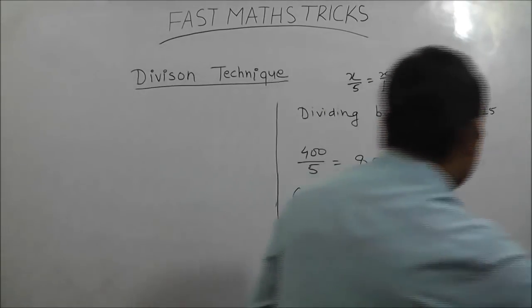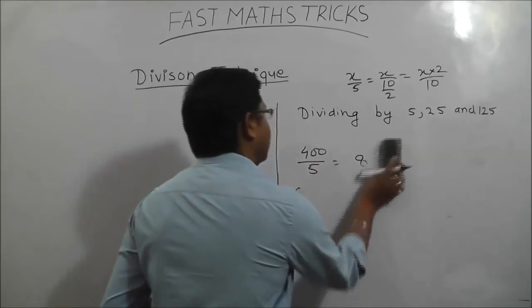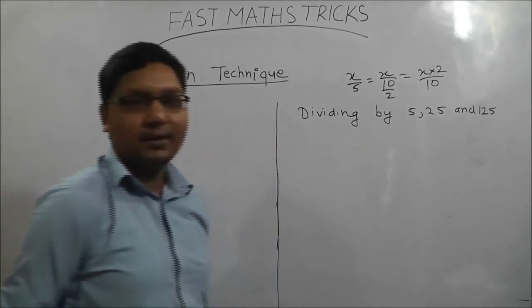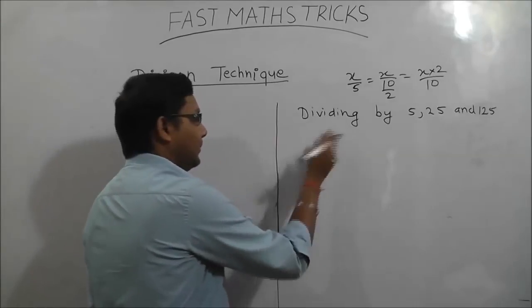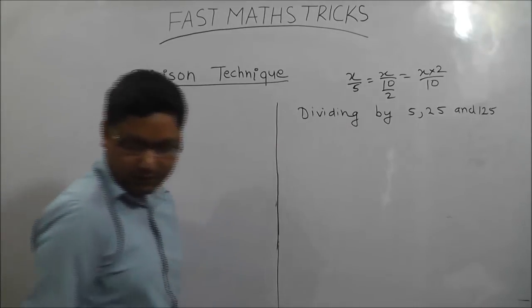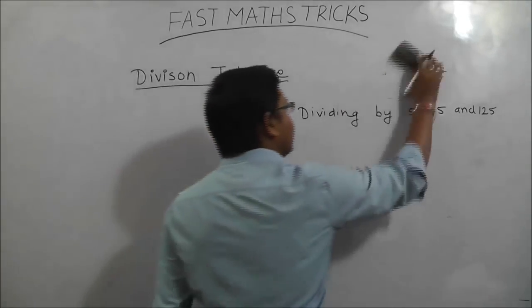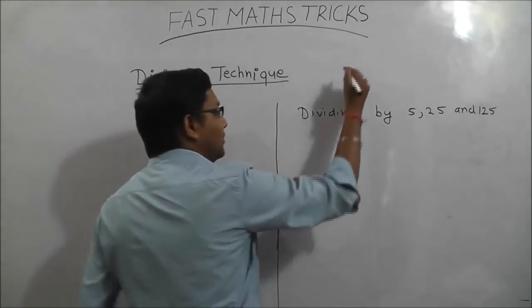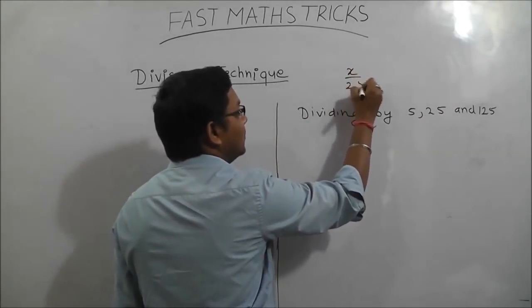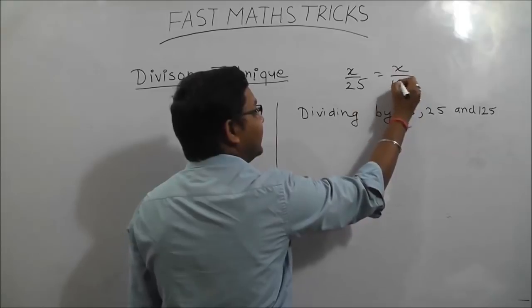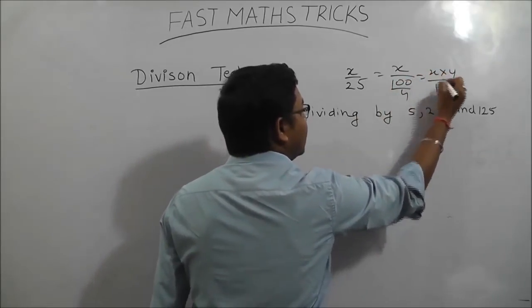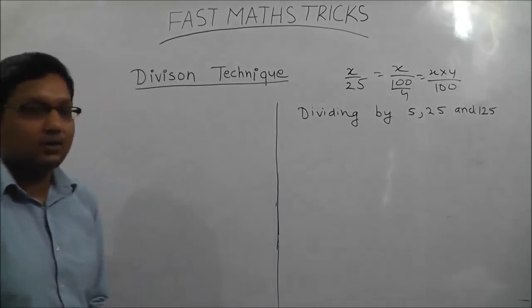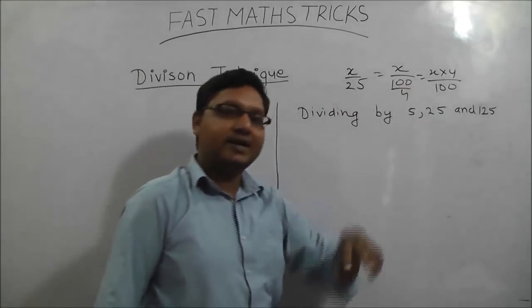So let's see how to divide any number by 25. Dividing any number by 25 is equal to, see, 25 we can write as 100 by 4. So multiply by 4 and then divide by 100.